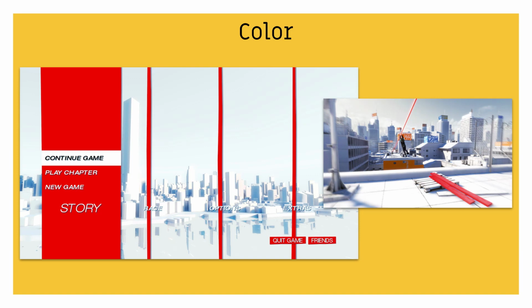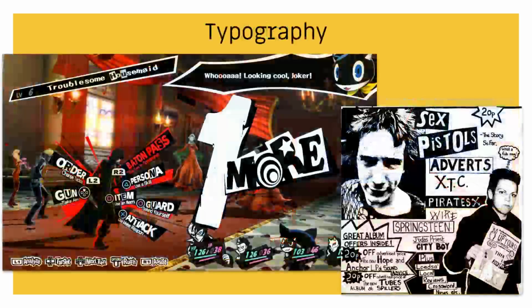And all of the interactive elements of the game are highlighted in red. And the game UI here for the menu takes on that same minimalistic color palette and uses that color red to accentuate the menu and the parts that the user can interact with and directly ties back into the game.